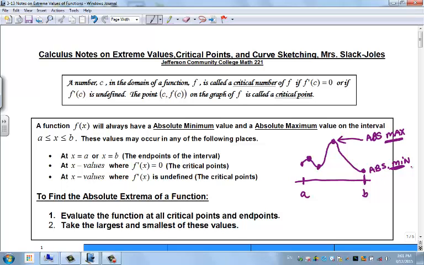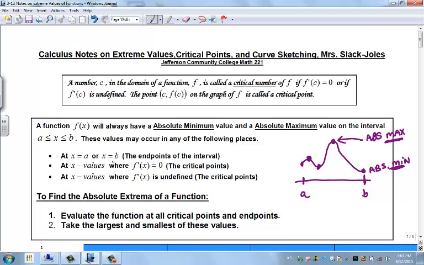As long as you're graphing between two numbers, you're always going to be able to find a highest and a lowest point. Sometimes there might be 2 points that are the same that are the highest point, or 2 points the same that are the lowest point, but they still both count as absolute maximum values or minimum values.